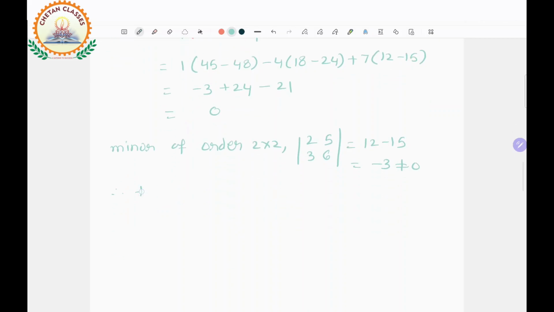Therefore, there exists a minor of order 2 cross 2 which is non-zero. Therefore, rank of matrix A is equal to 2.